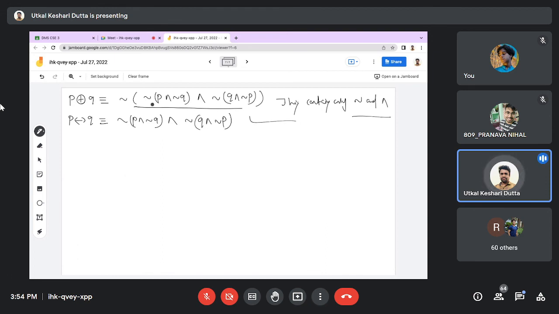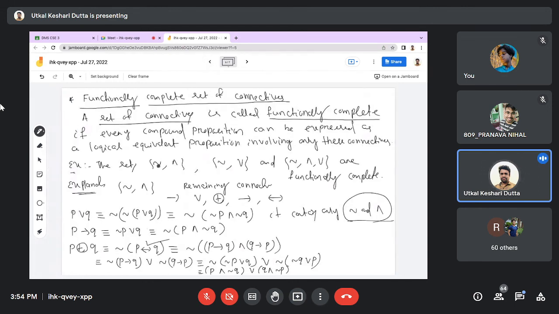That means every compound proposition can be expressed as an equivalent proposition that contains only those connectives that are present in the set, which we have already proved here: negation, conjunction. So every compound proposition can be converted to an equivalent proposition involving only these connectives.